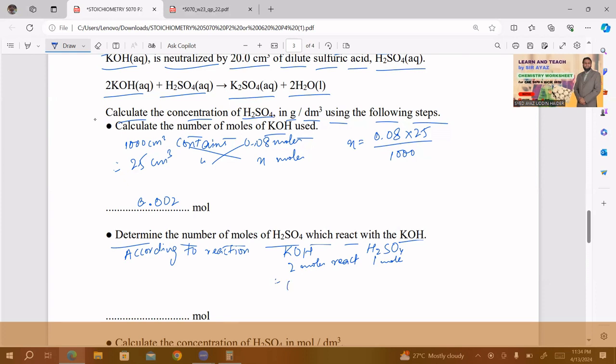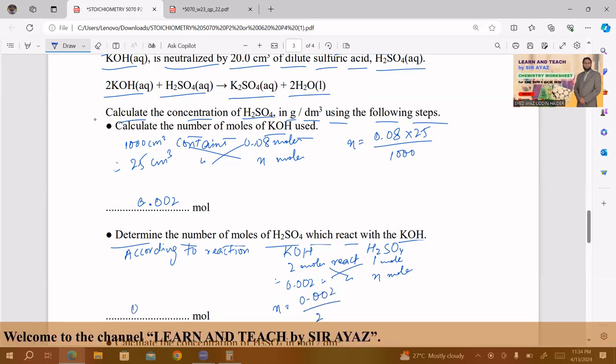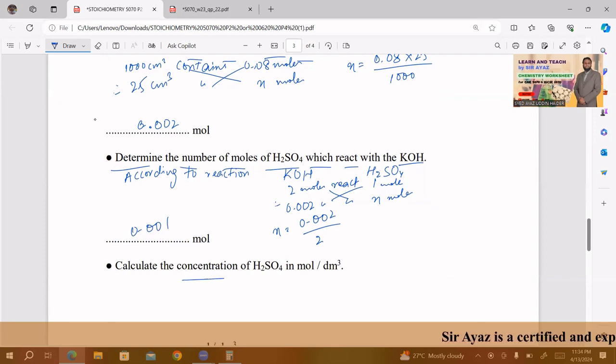Therefore, 0.002 moles react with X mole of H2SO4, or you can write X is equal to 0.002 divided by 2. So the answer must be 0.001 moles of H2SO4.